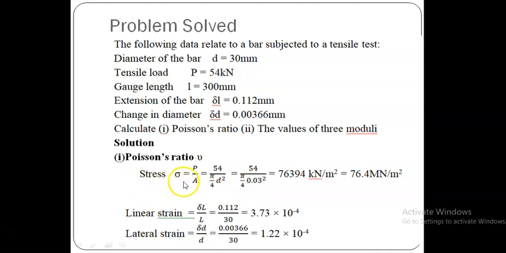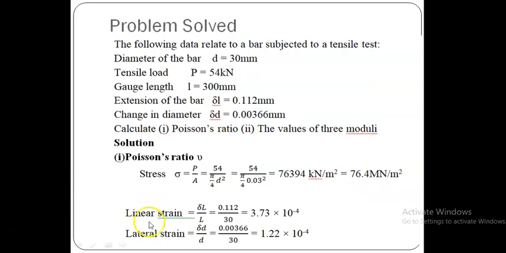First, let us find the direct stress. Direct stress sigma is equal to P by A, because they are giving the tensile load P equal to 54 kN, and we know the diameter of the bar is 30 mm, so first let us find the area.